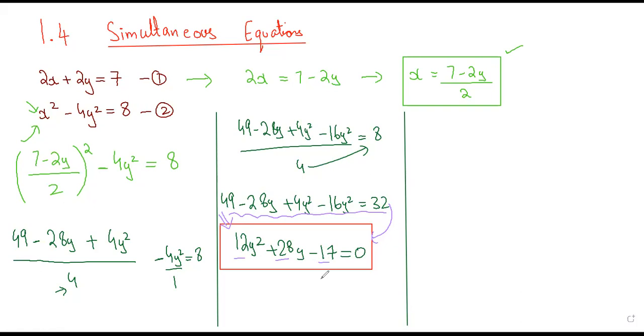So directly, if you multiply 12 with 17, this is 204. So you need two numbers such that when you multiply them, you get 204, and when you add or subtract them, you get positive 28y. This could be a bit challenging because it would be done through hit and trial, but we will try a few factors of 204.